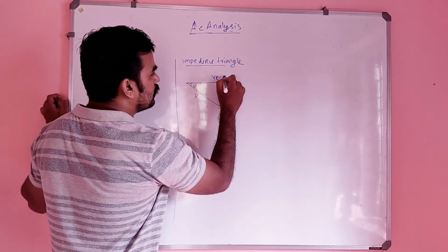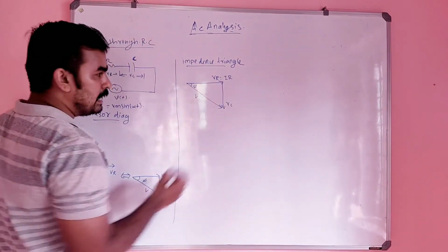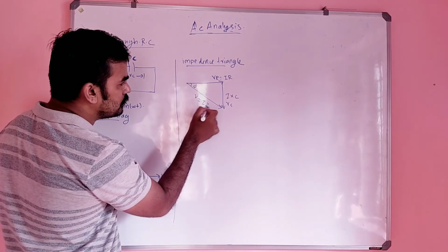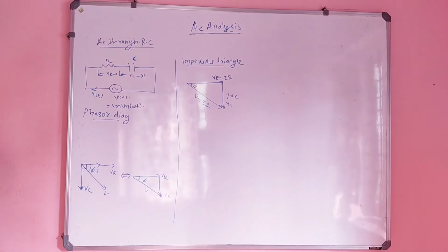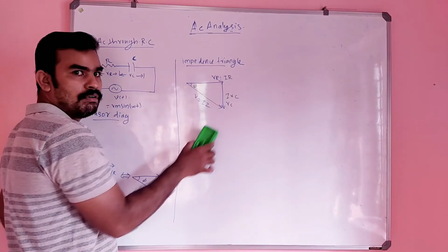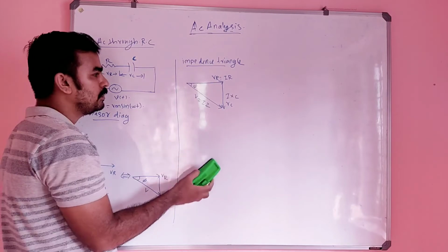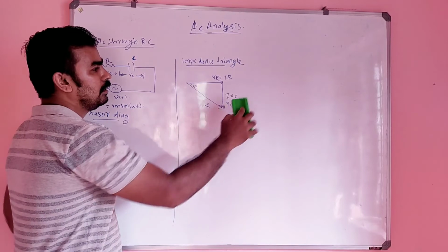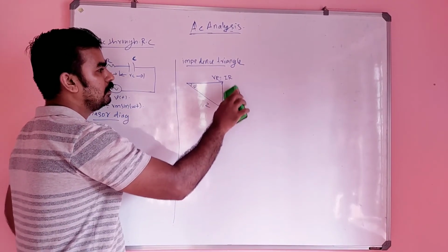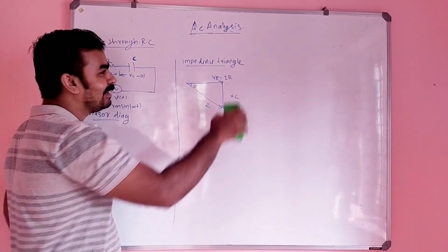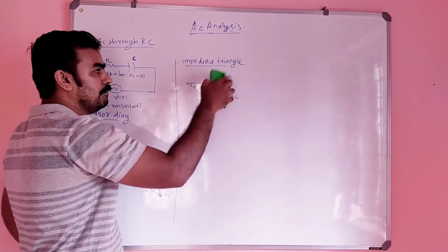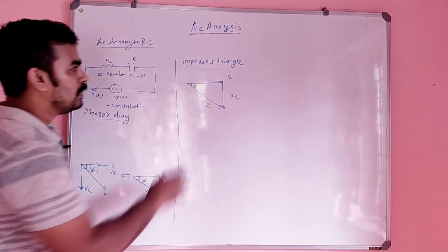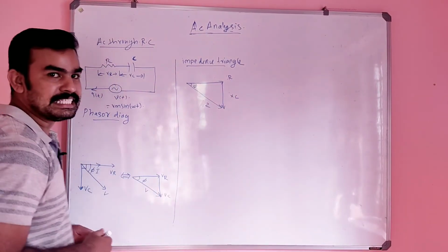VR is I into R, VC is I into XC, and V is I into Z. I is common to all three sides of this triangle, so I can eliminate I. What remains is only R, XC and Z.